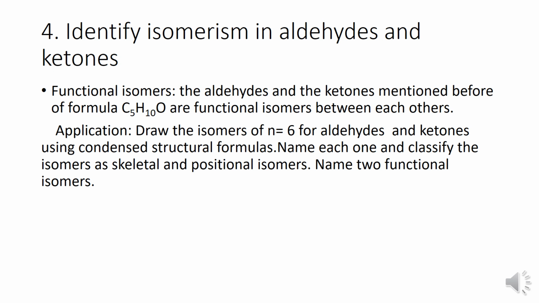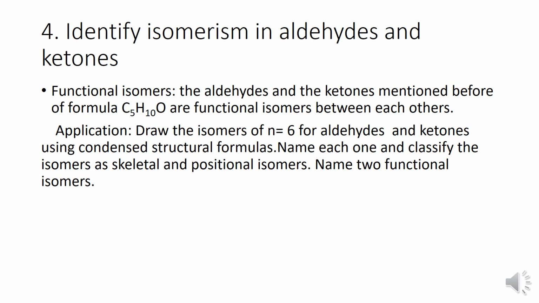If we ask you to give us 2 functional isomers, you can give us any aldehyde, as any aldehyde is a functional isomer of any ketone. So you can pick any isomer of the aldehydes, which will be a functional isomer of any ketone.